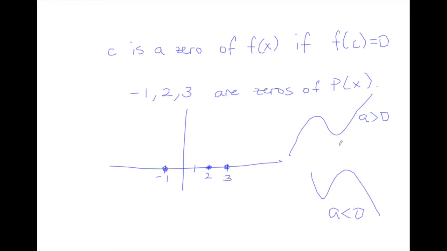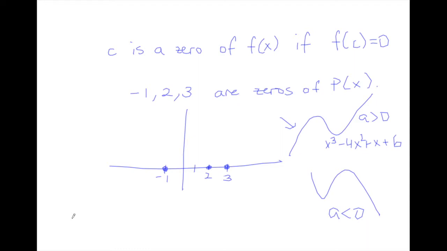Our leading coefficient was 1 because we had x cubed minus 4x squared plus x plus 6. And our leading coefficient was 1, so it belonged to this particular shape. And to graph it, we can simply make it go through these x-intercepts. And in addition, we could also find the y-intercept.